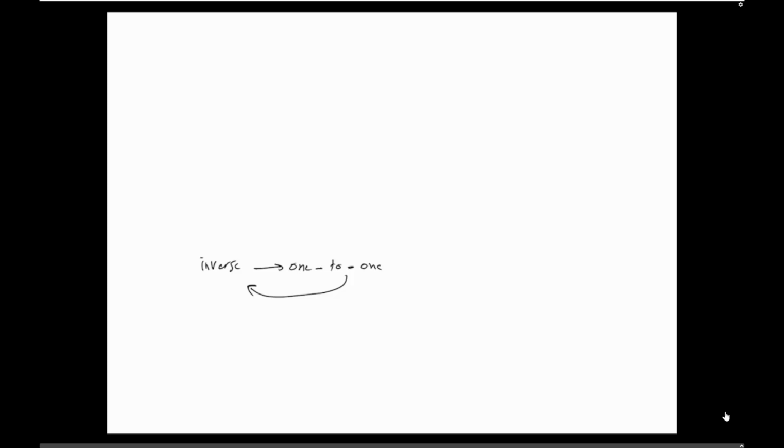Suppose we have a function like this, in which we have f of 7 equals 16, and we also have the inverse of 16. It says, what's the inverse of 16? That's what we're looking for.